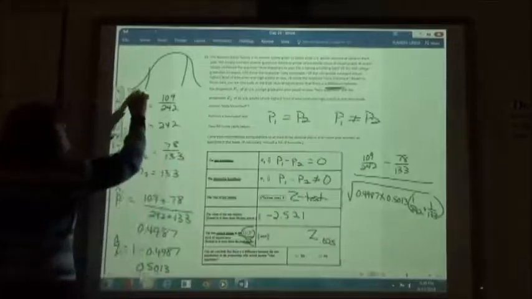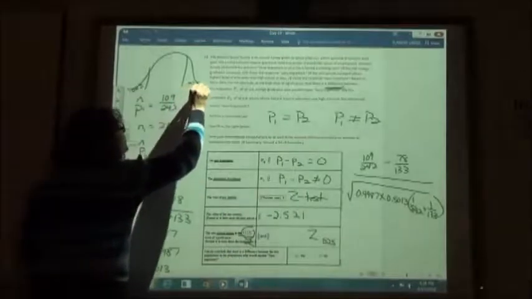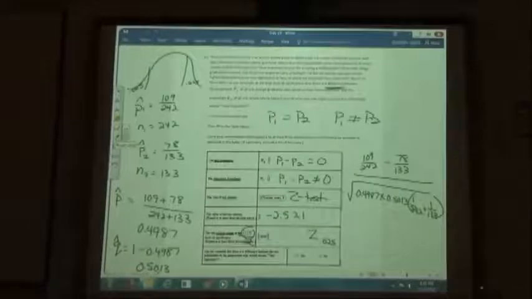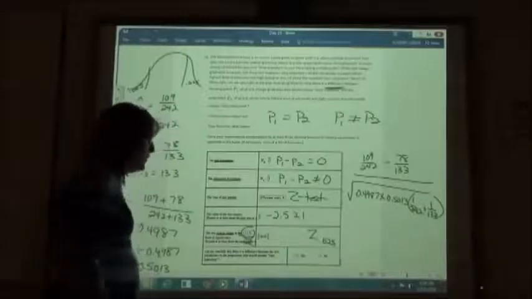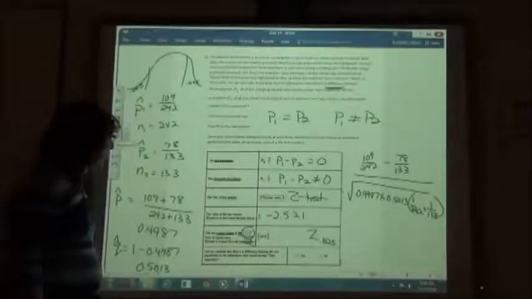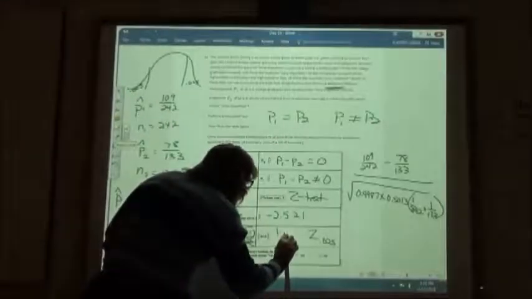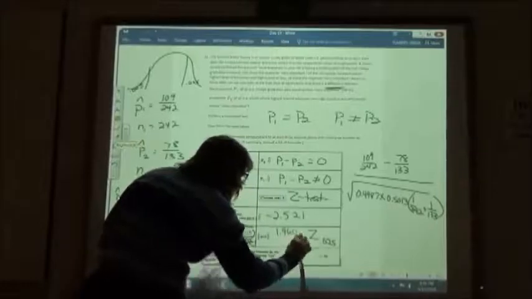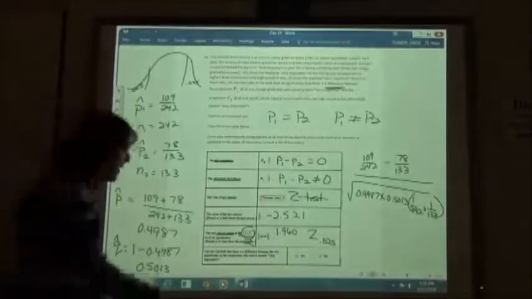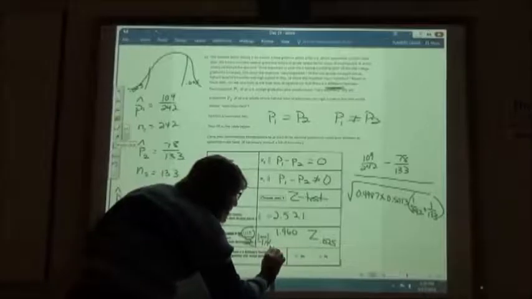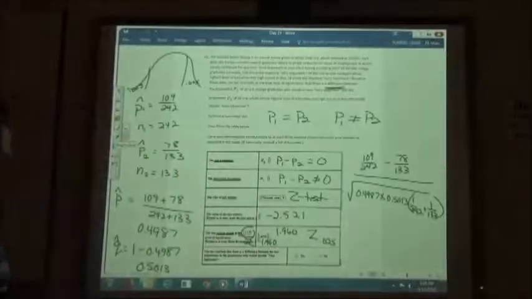We have 0.025 on this end, 0.025 on that end as far as our percentages. So if we do that, our critical values are 1.960 and negative 1.960 since we're doing that two-tailed test.